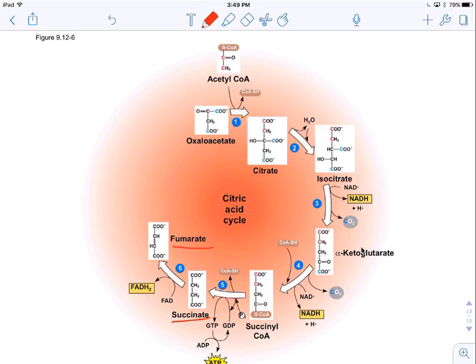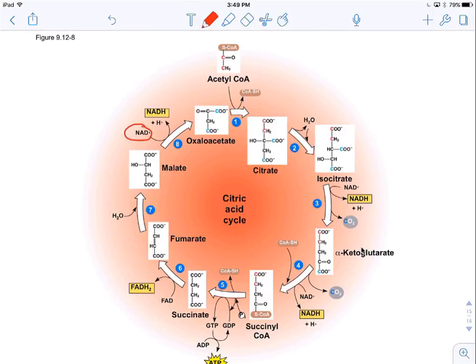In the process, we release a little bit more energy in the form of high energy electrons, and it reduces FAD, which is our alternate electron carrier, into FADH2. Okay. And then we have fumarate. It is converted to malate, okay, in the next step. And then the final step, which you'll see, is basically malate is converted into oxaloacetate. And the last little bit of energy is squeezed out, reducing NAD plus into NADH.